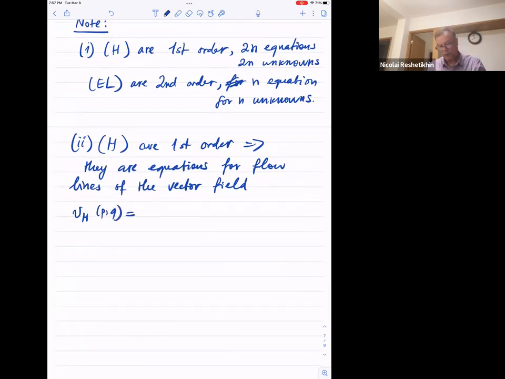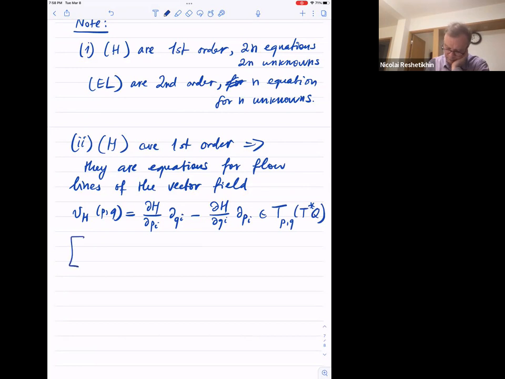It's a vector field which attaches a tangent vector to each point of the cotangent bundle. And it's dH/dPi times d/dQi minus dH/dQi times d/dPi, in the tangent space at the point (P, Q) to the cotangent bundle over Q.